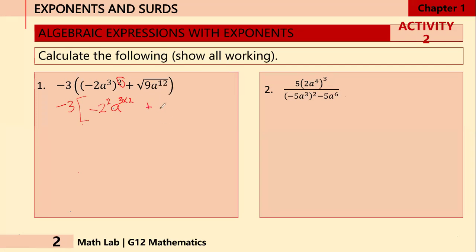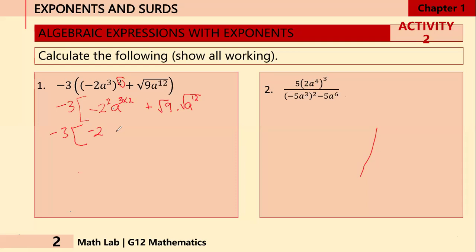You're disturbing. All right. So it's going to be square root of 9 multiplied by a to the power of 12. All right. Then minus 3. This will give me minus 2.